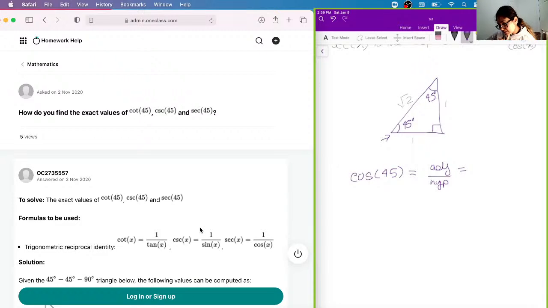So adjacent would be 1, and our hypotenuse is square root of 2. This is basically the same thing as square root of 2 over 2, to simplify it.